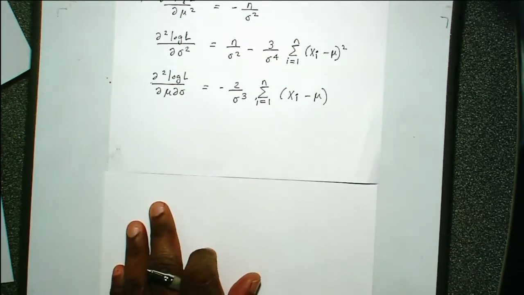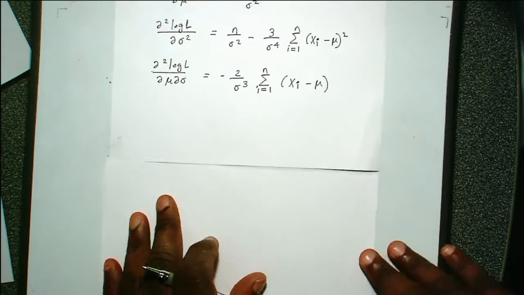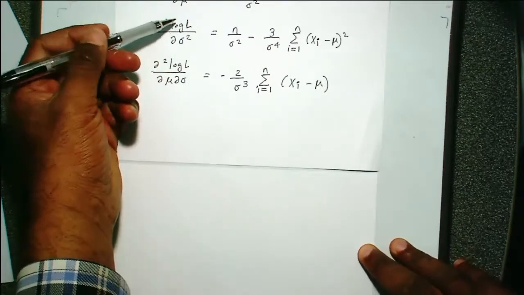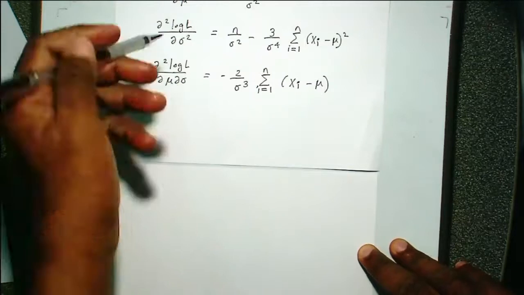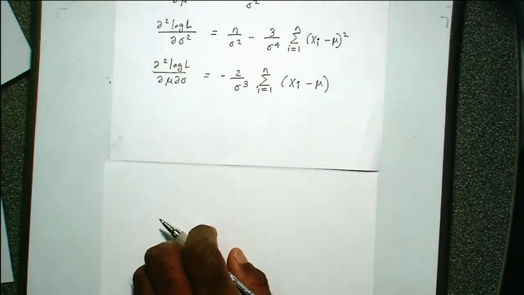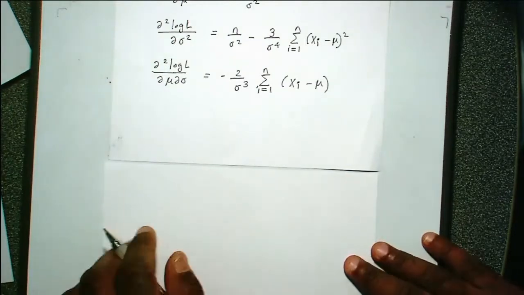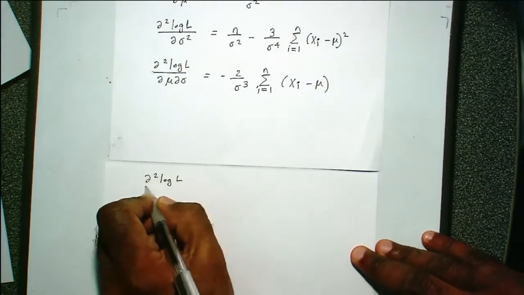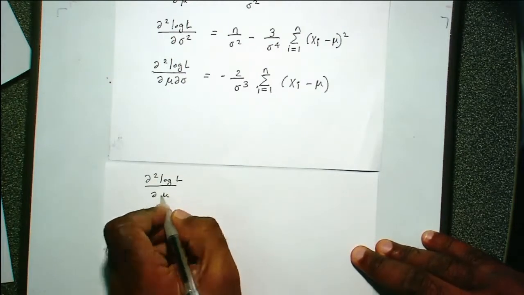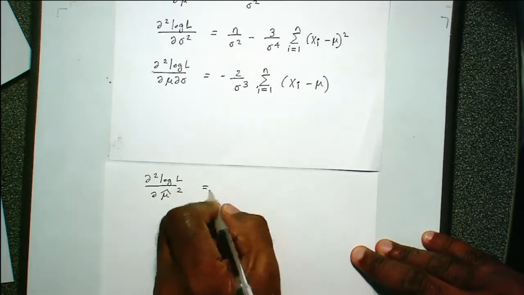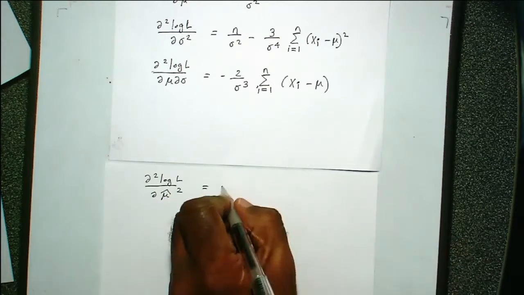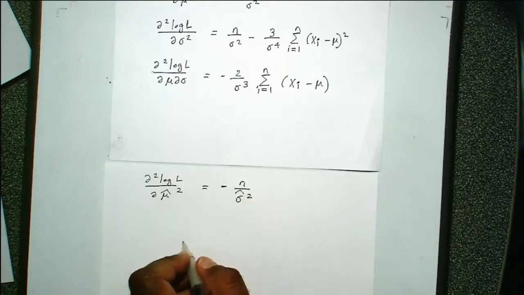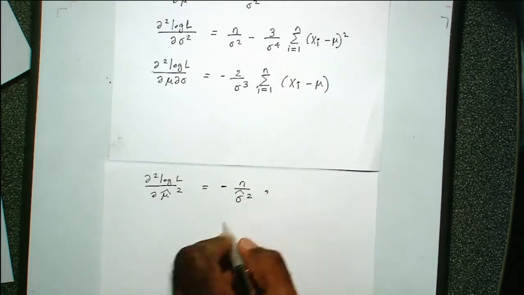Now the next thing we need to do is, these are second order partial derivatives with respect to mu and sigma in general. But in order to check condition 4, what we need are these derivatives evaluated at mu hat and sigma hat, and this will be this.